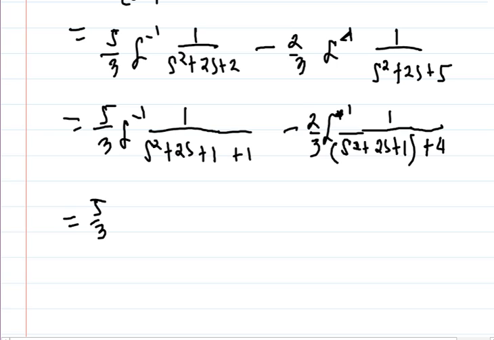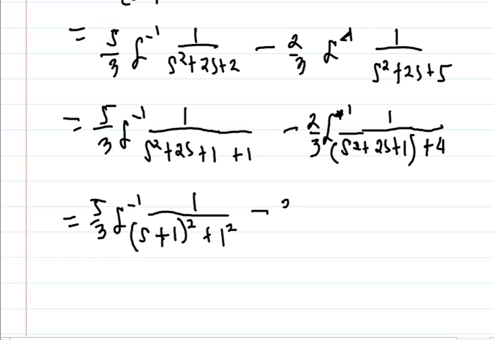So we have 1 all over s plus 1 squared plus 1 squared. Take note that 1 squared is fine, so 1 in the numerator is okay.